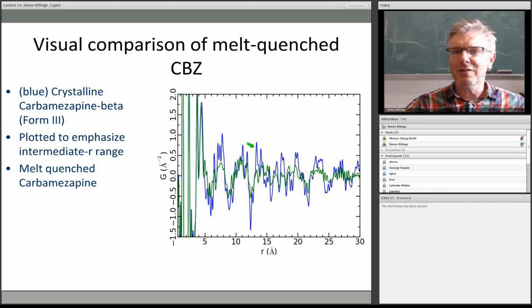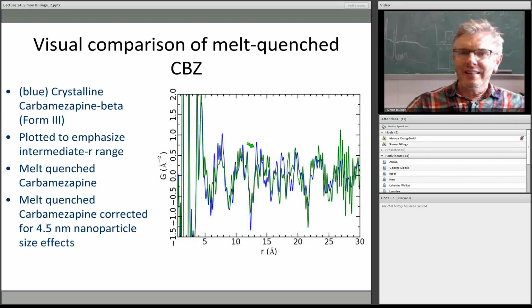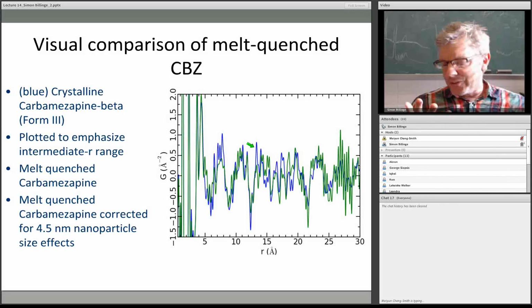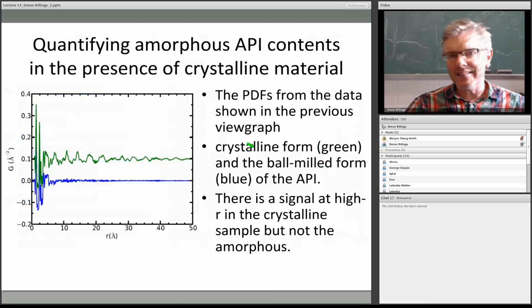So we can correct the green data for the nanocrystallinity by dividing by this form factor curve that I talked about before. And it looks like this. And you can see there's a very good agreement between the green curve and the blue curve, telling you that although this material is nanocrystalline, the molecules are mostly packing in the gamma form. So again, there's a lot of information that you can get about some molecular system.